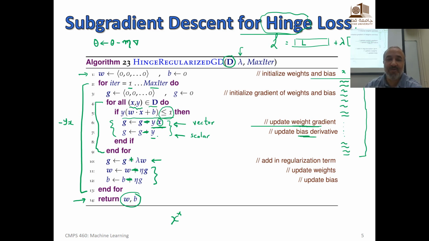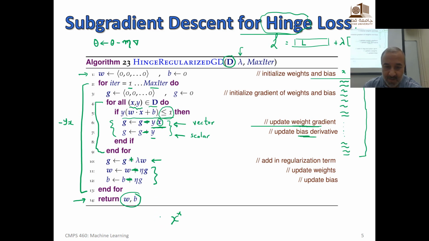Line 5, where exactly? What is the term that tells us about the prediction? Can you tell me the expression of the prediction? Yes, Wx plus B. Wx plus B is the predicted label.